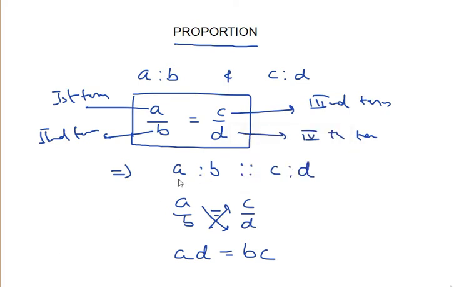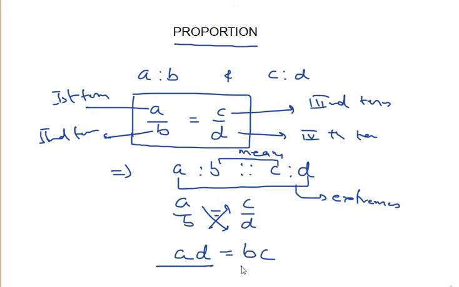Here A and D are called extremes and B and C are called means. So you can see product of extreme is equal to product of means.